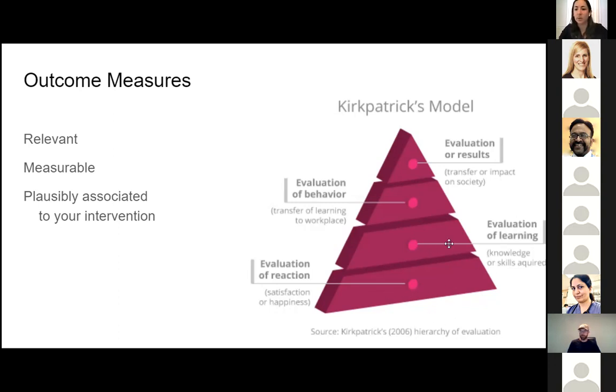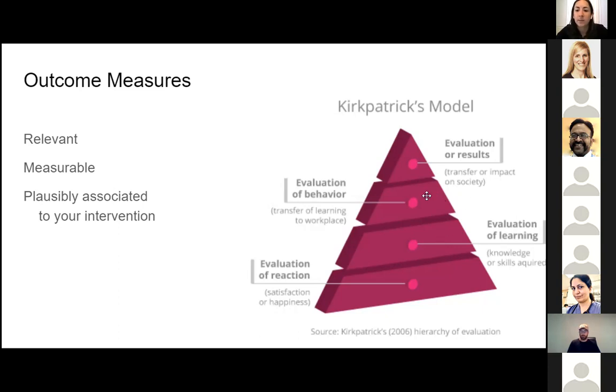The next level would be evaluation of learning. So your learners participated in a study, and before they performed the simulations, they took a quiz and their score was X. After the simulation, their score was Y. And I have shown that they have learned something from this educational intervention.